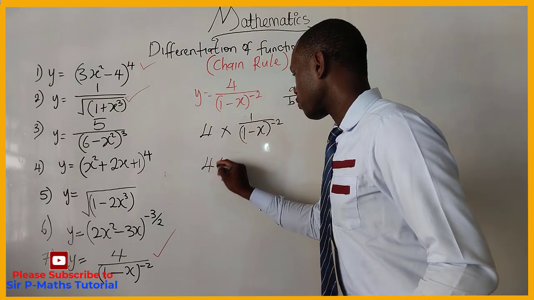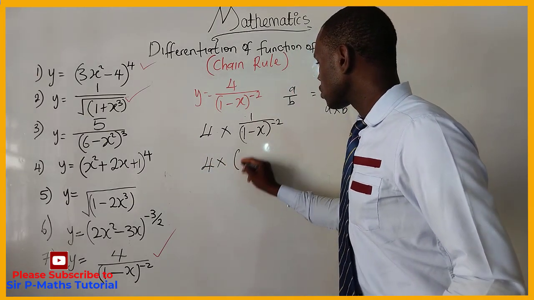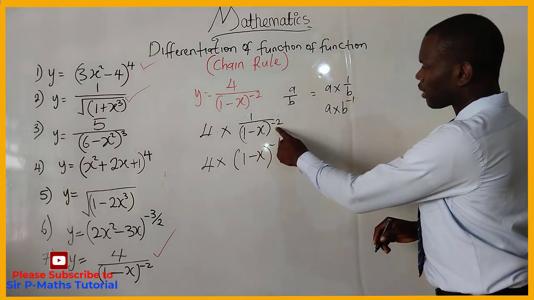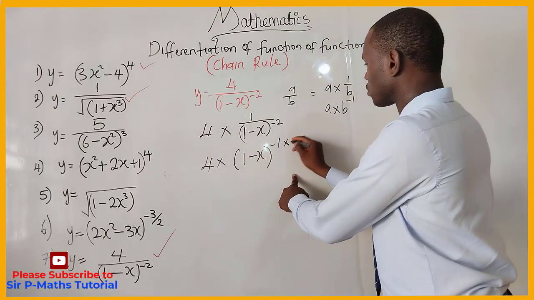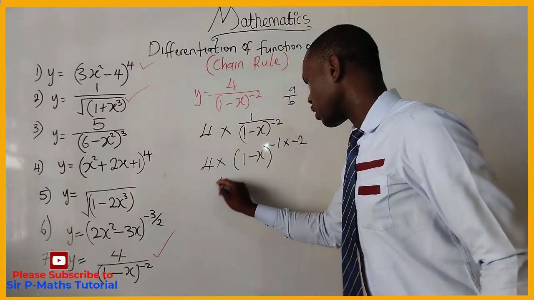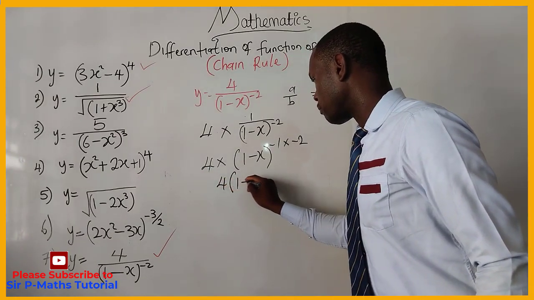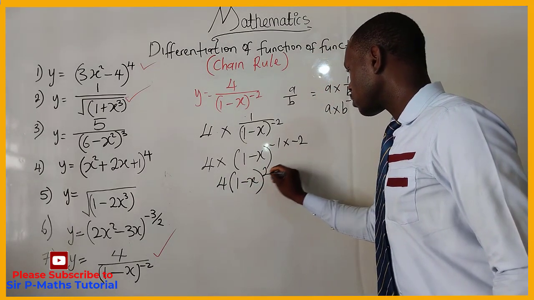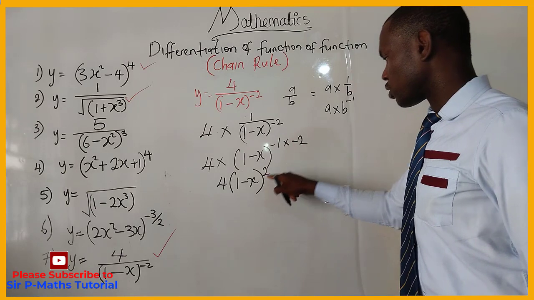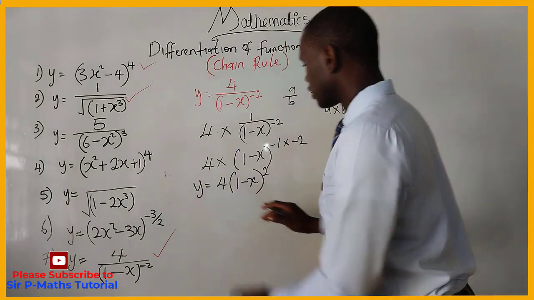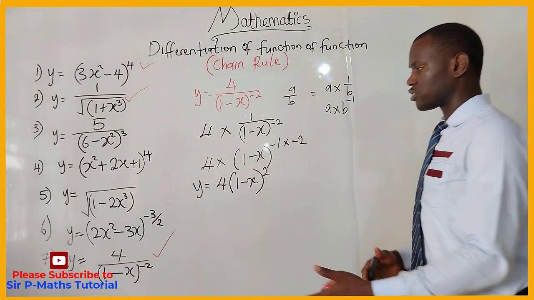So I'll have 4 times 1 minus x inverse. But remember, I have a negative 2 here, so I also multiply the negative 2. Then 4 times this bracket, I'll have 4 into 1 minus x to the power minus 1 times minus 2, which will give me positive 2. So this is the new function that I have, which I'll be differentiating.